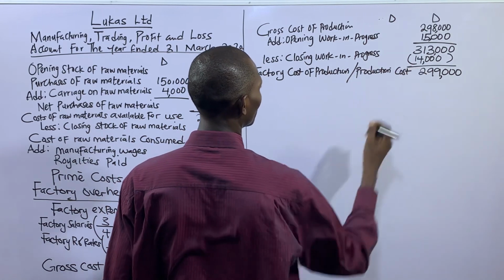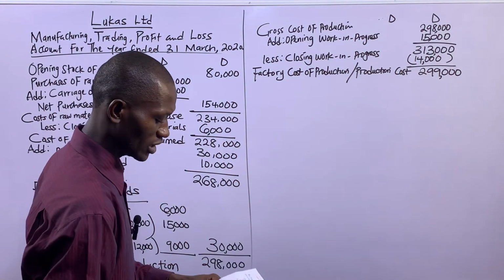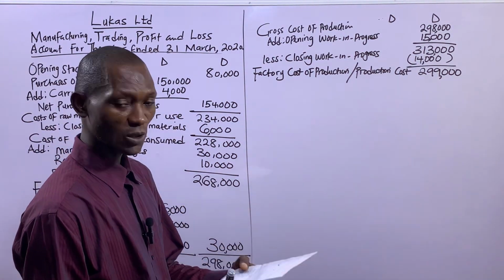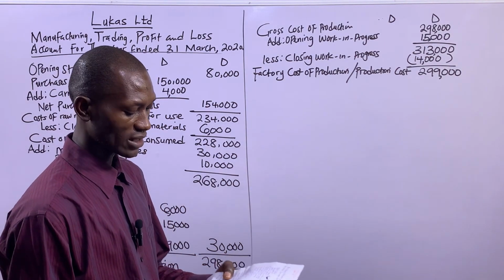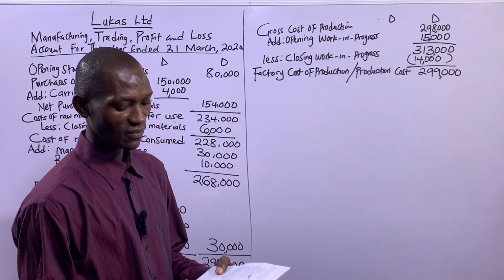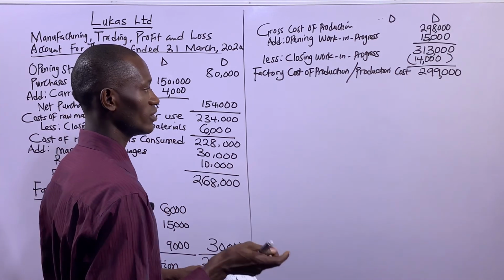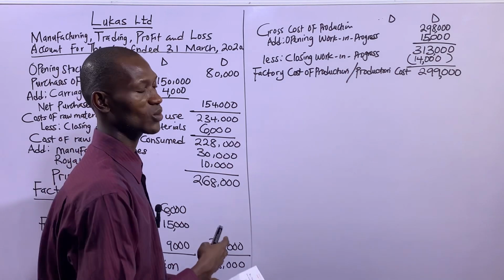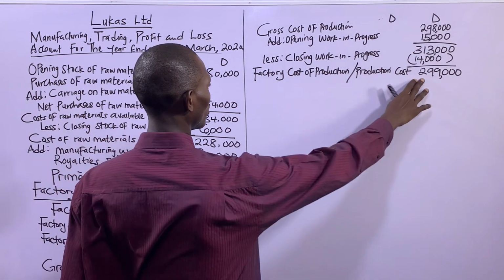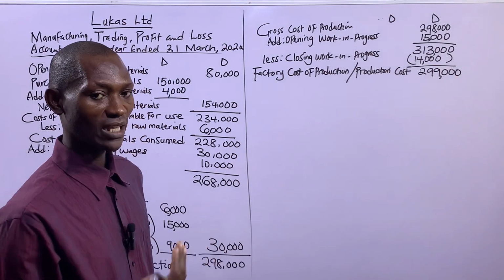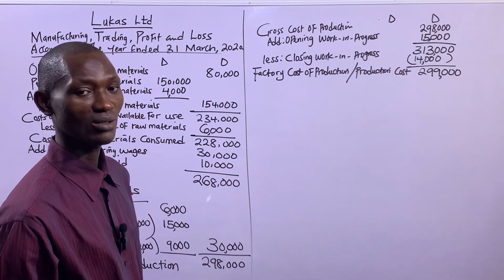Don't forget in additional information one, we're given goods were transferred to the trading account at a market value of 390,500. That's the market value, the selling price. So what we are asked to determine in this question is the profit element on manufacturing. The cost of production is lesser than the market value, so we get a profit on manufacturing.